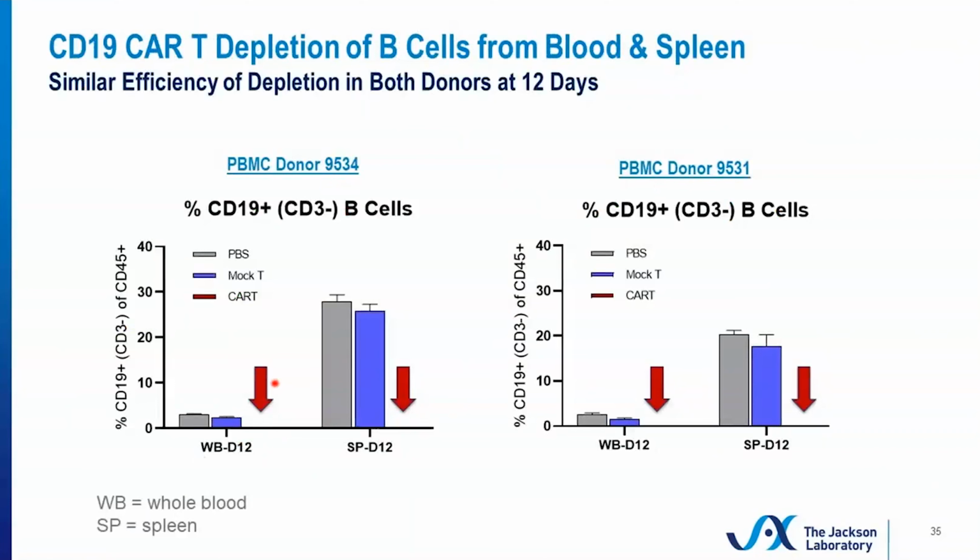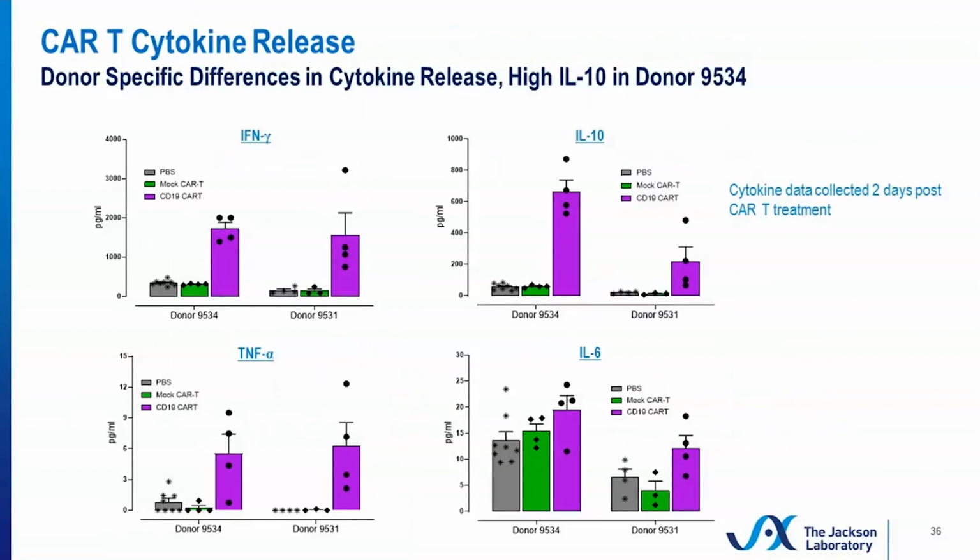The efficacy response was similar in terms of clearing out those human B cells by the CD19 CAR T in both of these donors. But interestingly enough, if you look at the cytokine response, there is a cytokine response of interferon gamma, TNF alpha, IL-10, and IL-6.